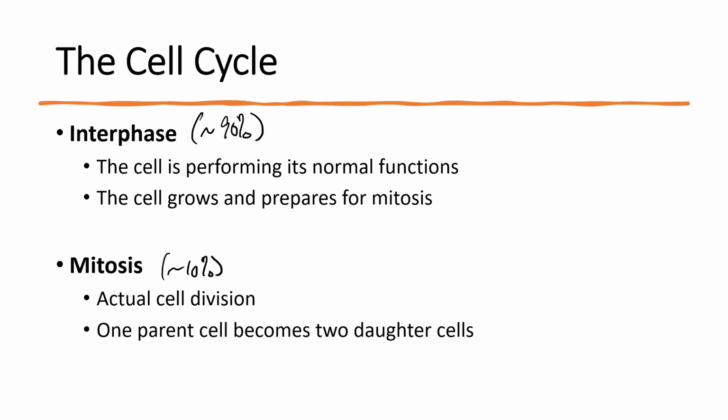Some cells divide very slowly or don't divide at all. The cells don't divide in the heart. That's why there's no such thing as heart cancer. If a cell doesn't divide, then it's not possible to have uncontrolled cell division. And then some cells have more regenerative capability than others.